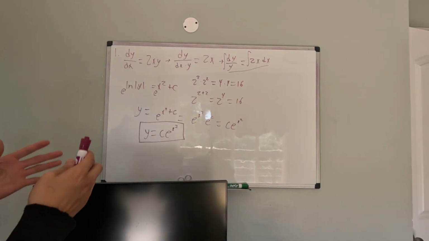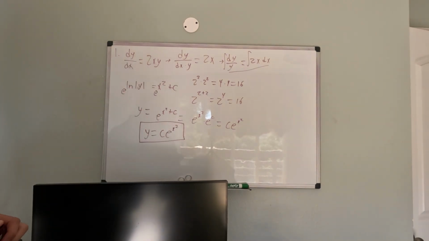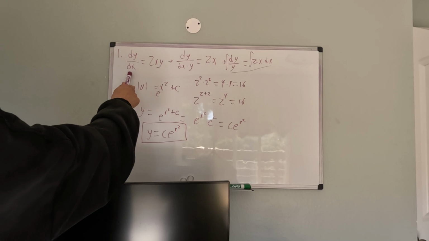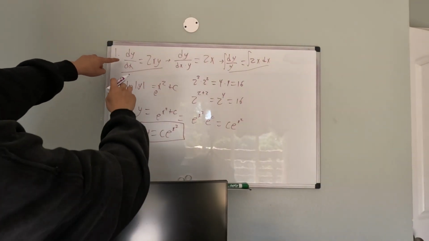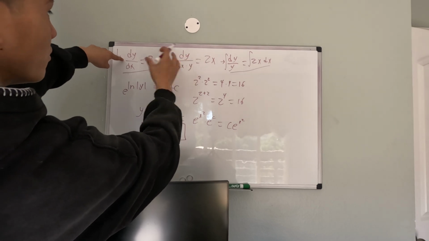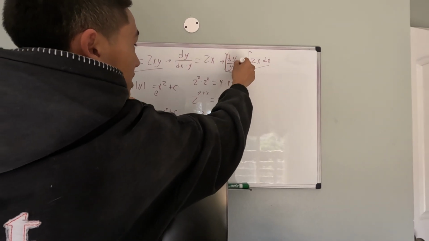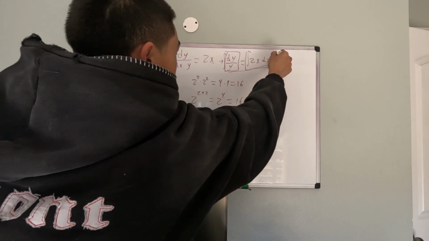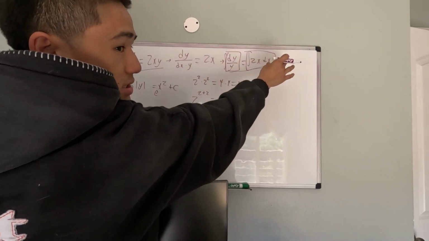That right there is a simple example of a separable differential equation, and it's separable because, as you can see here, this is your first question. You separate it by taking the y's, putting them on one side, and then the x's on the other. So you have the y's right here, and then the x's right here. dy over y, 2x dx.